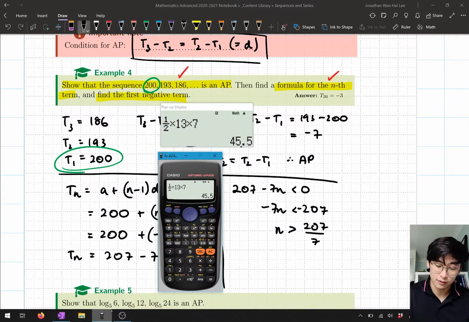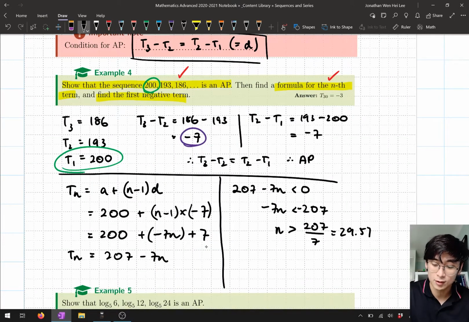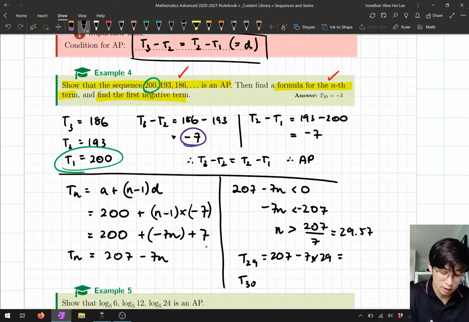Let's figure out what that is. 207 over 7 gives me 29.57. So what we need to do is check the 29th term and the 30th term. Let's do that. T29 and T30. I just sub 29 into my equation here, so that's going to be 207 minus 7 times 29.